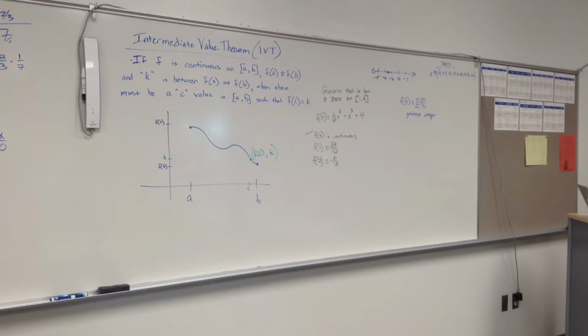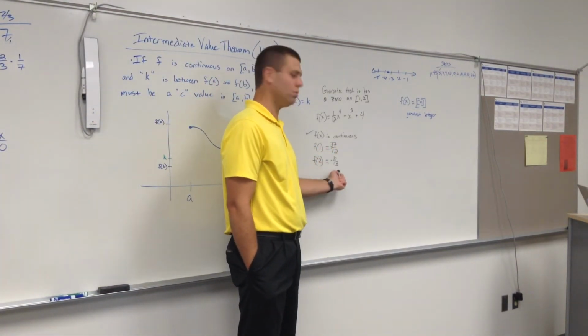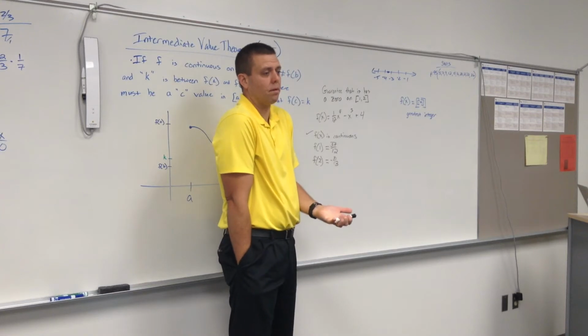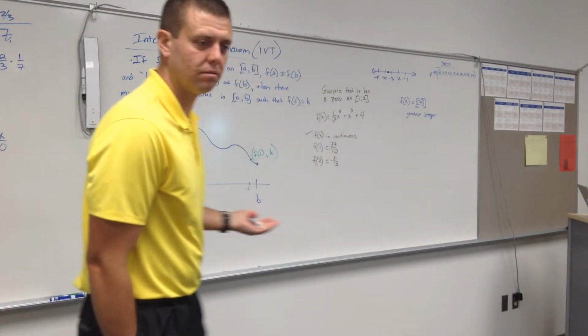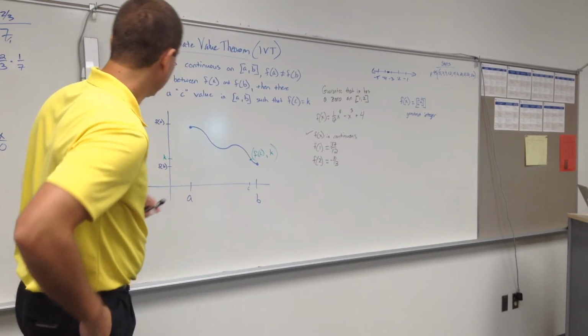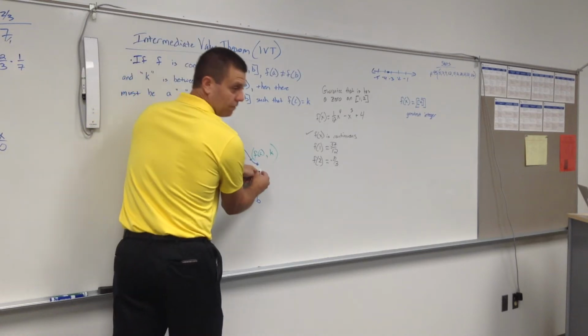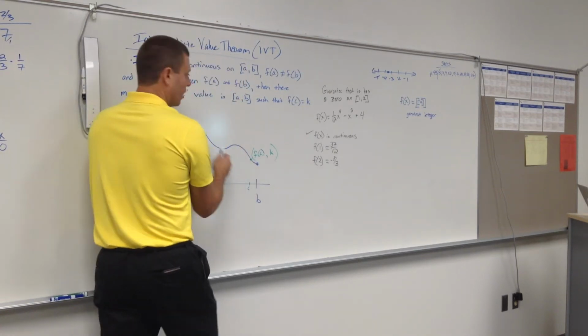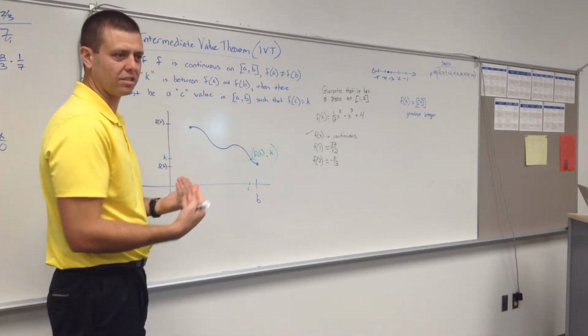You have a positive and a negative. Perfect. If at 1 we're at a positive value and at 2 we're at a negative value, what had to happen? Had to cross the x-axis somewhere, at least once, right? Because we know that as we go from f of 1 to f of 2, if I go from 37/12 to negative 8/3, I had to cross the x-axis.